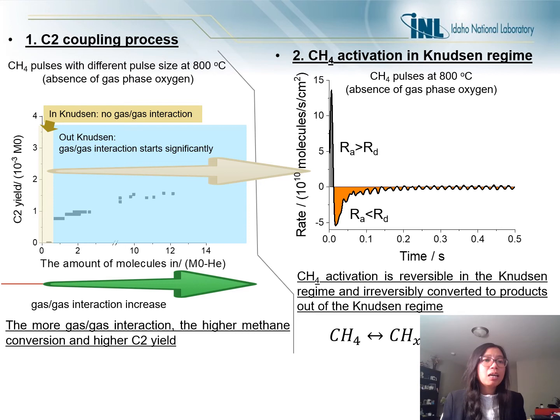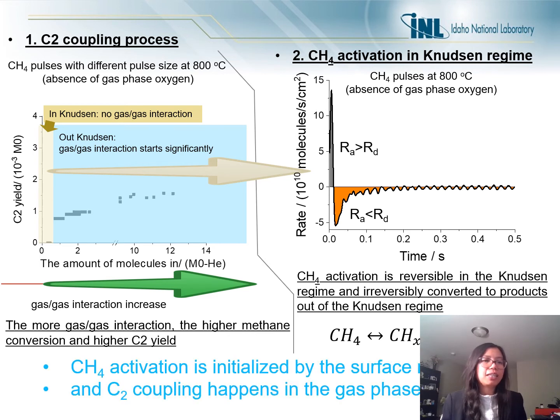But methane can be irreversibly activated and converted to products outside the Knudsen diffusion region, where the gas interaction becomes significant. Therefore, we can conclude that methane activation is initiated by the surface reaction, and the C2 coupling happens in the gas phase.